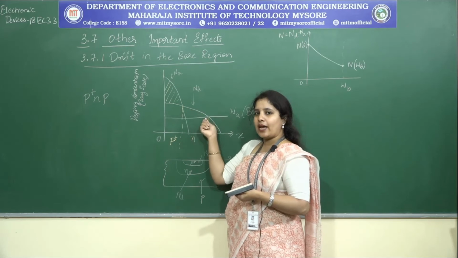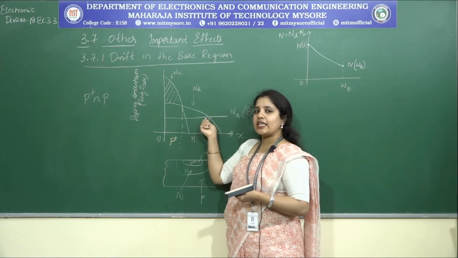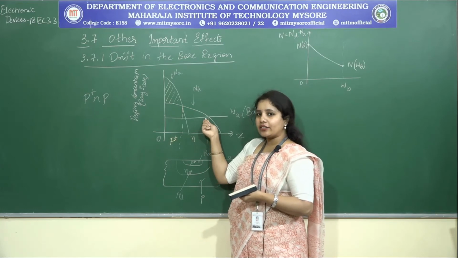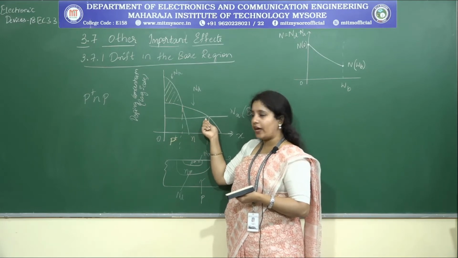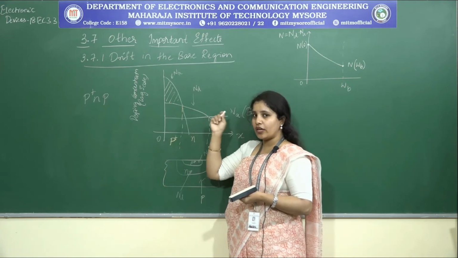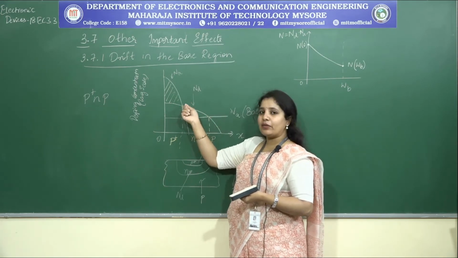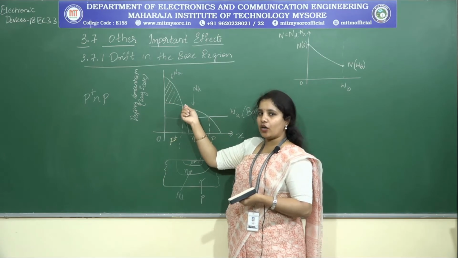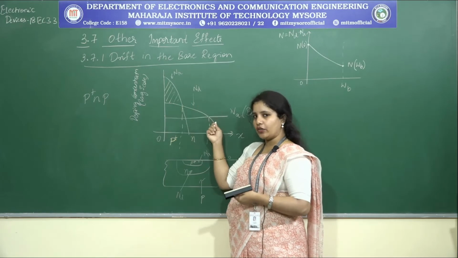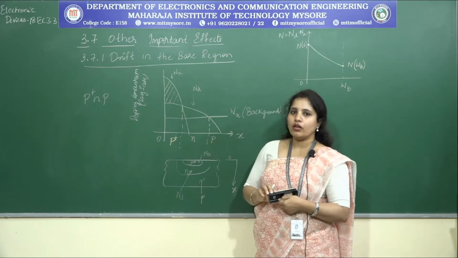As a result, there is a built-in electric field that is observed, and that electric field is from where to where? Remember, the direction is always from positive to negative. Therefore, that built-in electric field which is observed in the base directs from the emitter region to the collector region. Yeah.